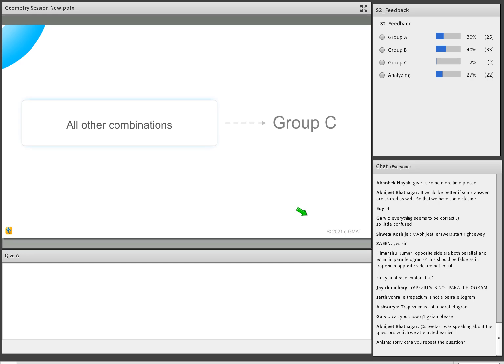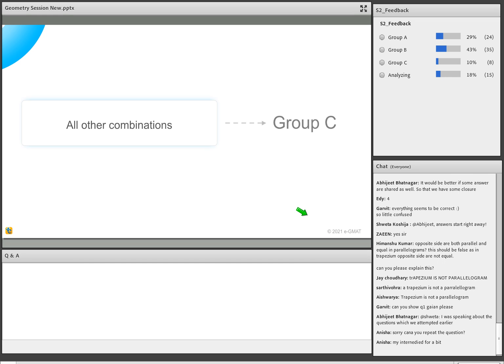Okay, perfect. And anything else apart from groups A and B? You belong to group C, so kindly very quickly mark group C.